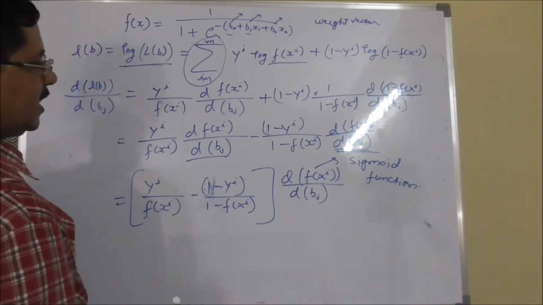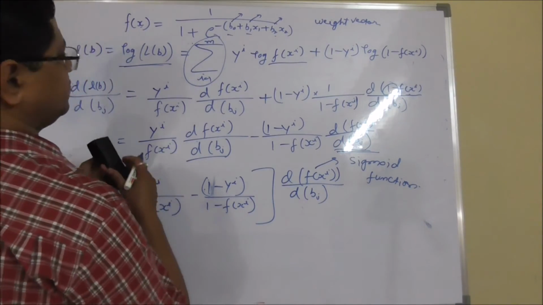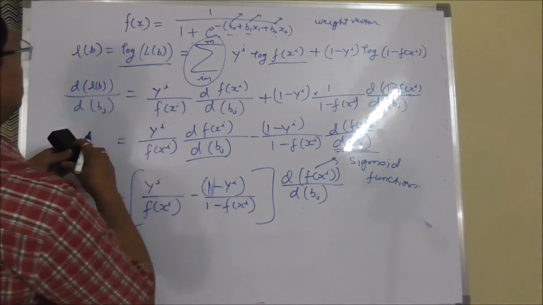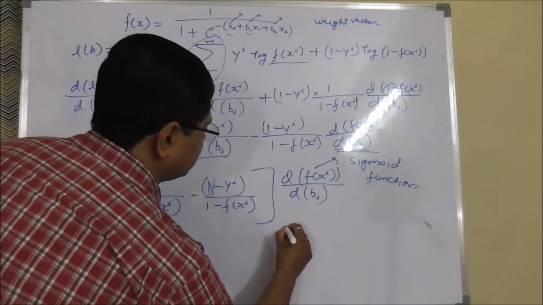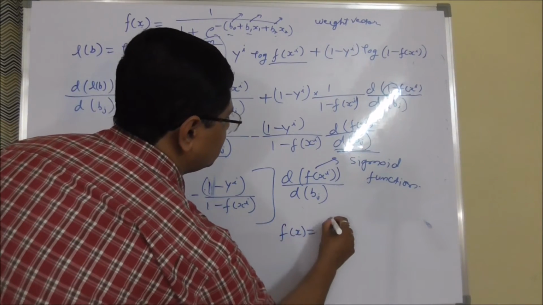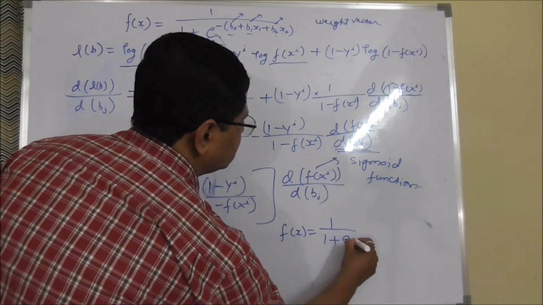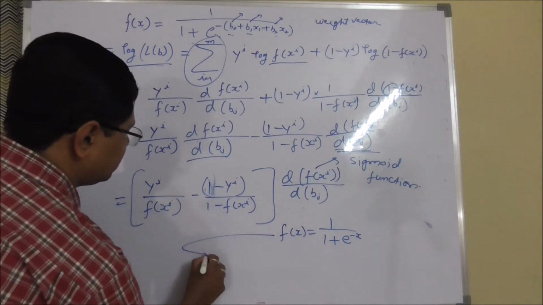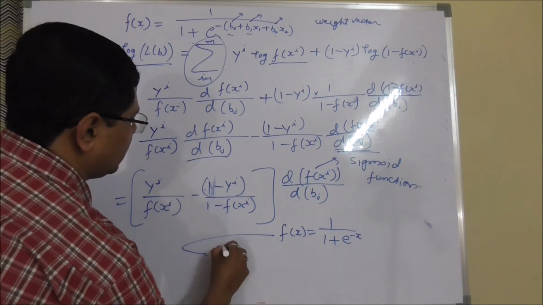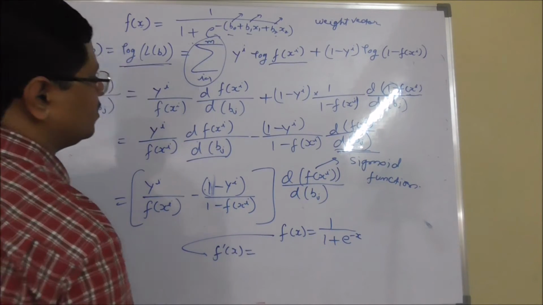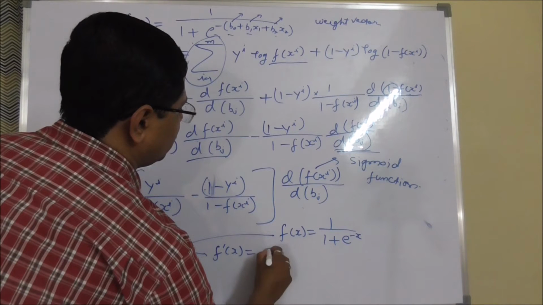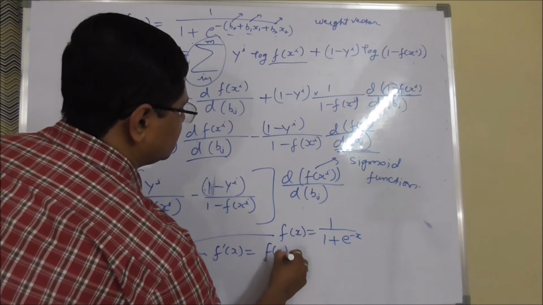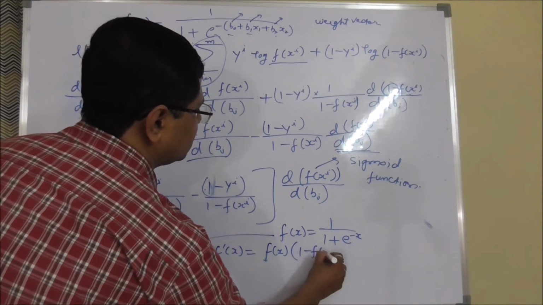Actually, when we derive the sigmoid function, suppose we have f(x) equal to 1 divided by 1 plus e to the power minus x, then the derivation f'(x) will be equal to f(x) times (1 minus f(x)).